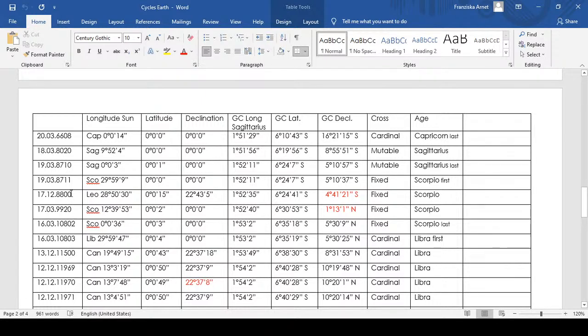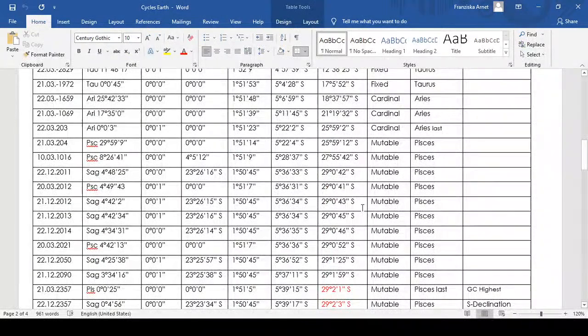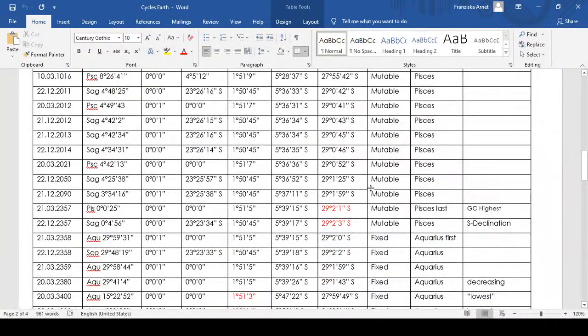So it was, I don't know, maybe around 9,000, and here is the furthest southern, and it's also the same time as, within the calculation system I'm using, the last year of Pisces. And then we go over to Aquarius.